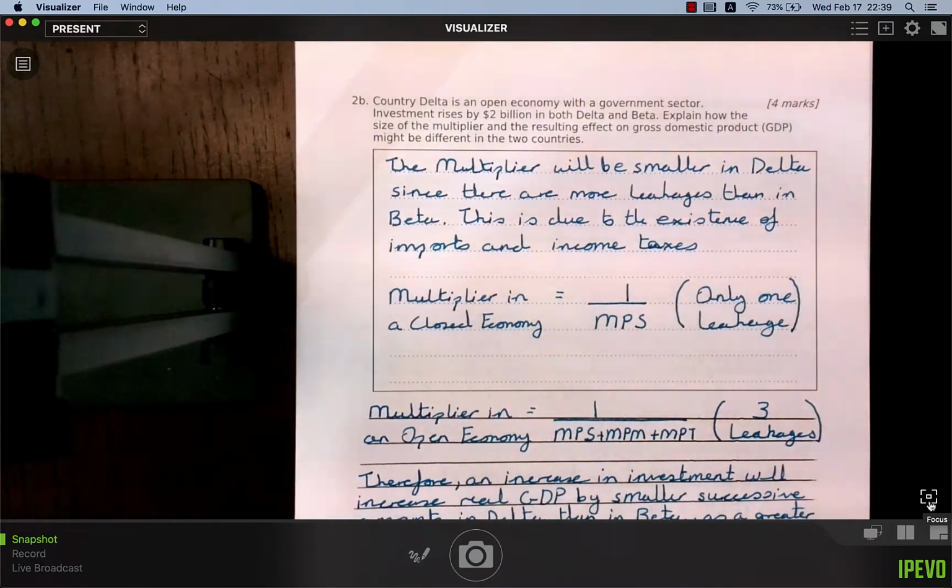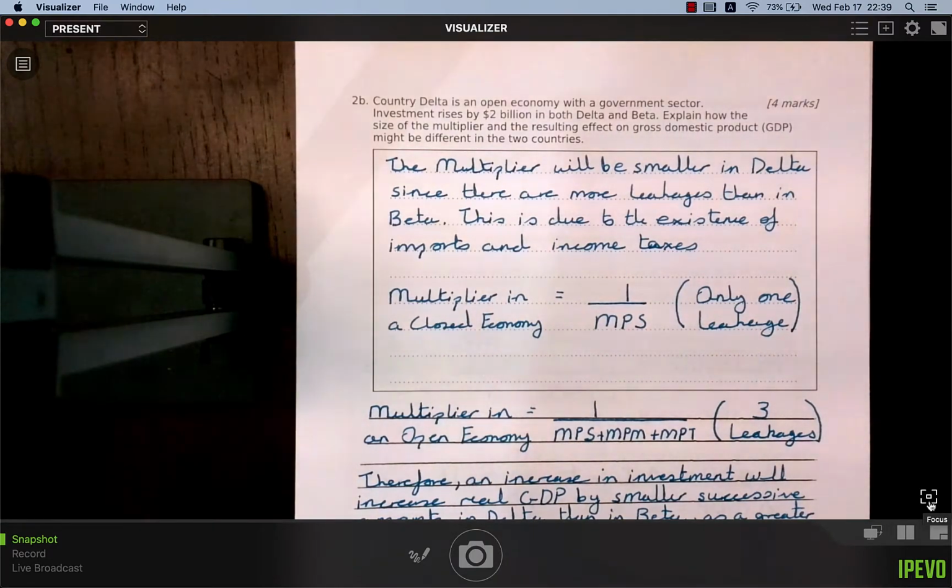An open economy with a government sector. That means that there are more leakages again because it's got a government, so there's an MPT. Investment rises by 2 billion in both delta and beta. Explain how the size of the multiplier and the resulting effect on gross domestic product might be different in the two countries.